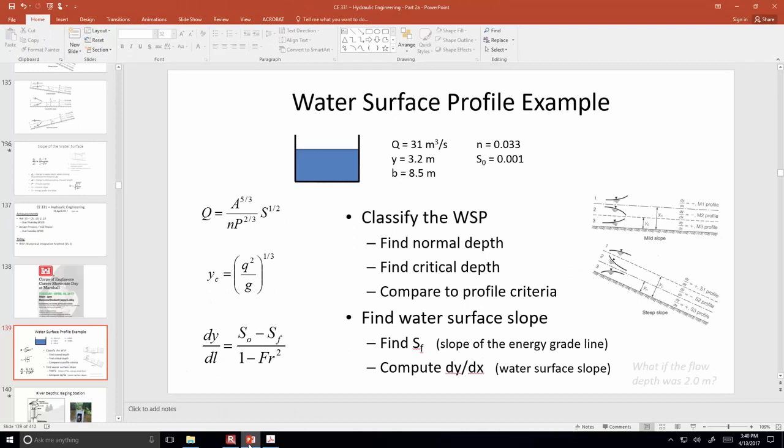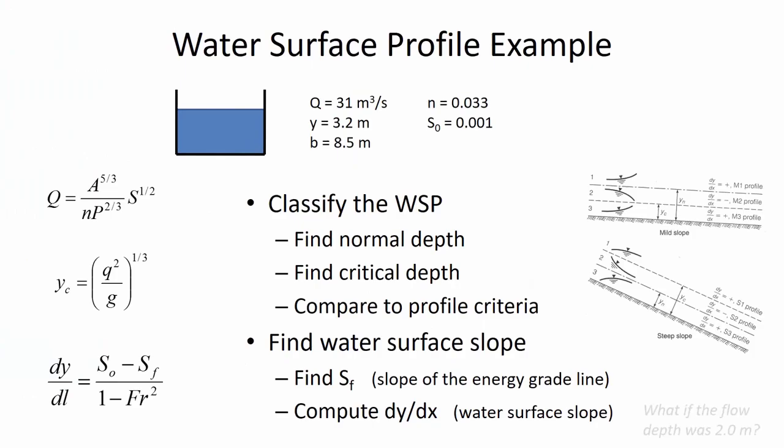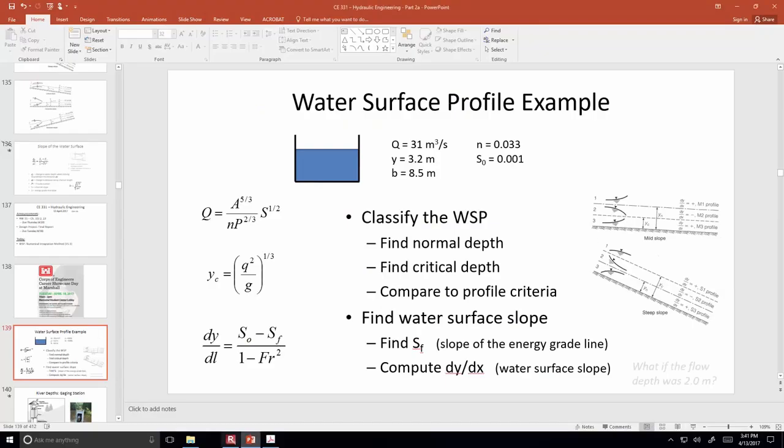On this diagram, the normal depth is the deeper one when you've got mild. Normal depth is greater than critical depth, so that means we have a mild slope. If it were steep, steep is the one where the critical is deeper than the normal, but that's not what we've got. The calculations we just did tell us that it's a mild slope, and then the given depth of 3.2 is greater than both of them. So that means it's an M1 profile.